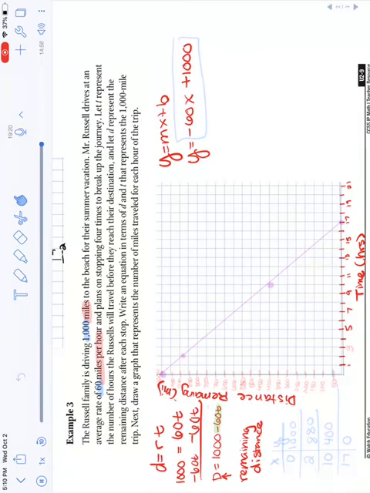All right. So now we have to think about what's an appropriate scale for the distance remaining. So if you look, we're going to have to kind of make a table of values to see what would be appropriate for this function. So let's make an XY chart.